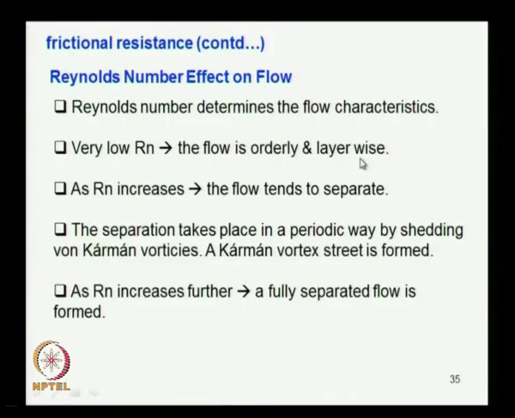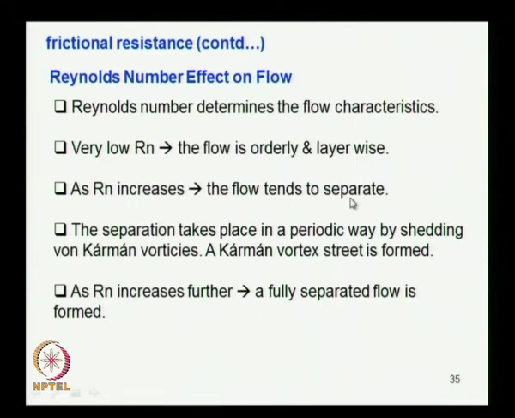At a very low Reynolds number, the flow is orderly and layer-wise. So it is a laminar flow when the Reynolds number is low. As it increases, the flow tends to separate.